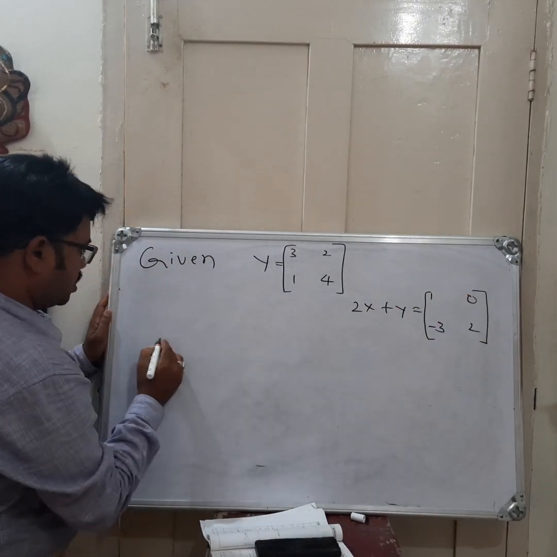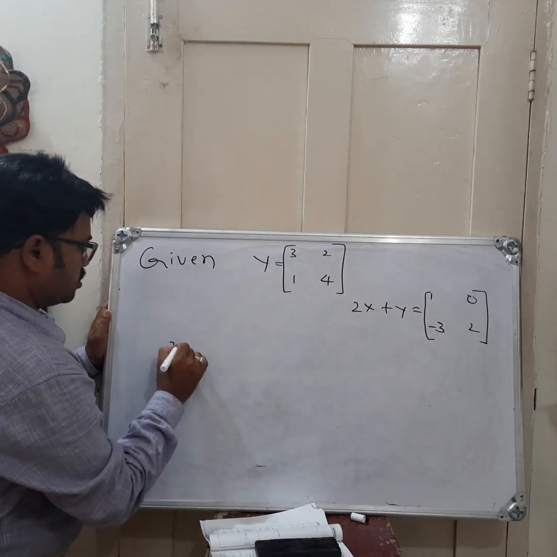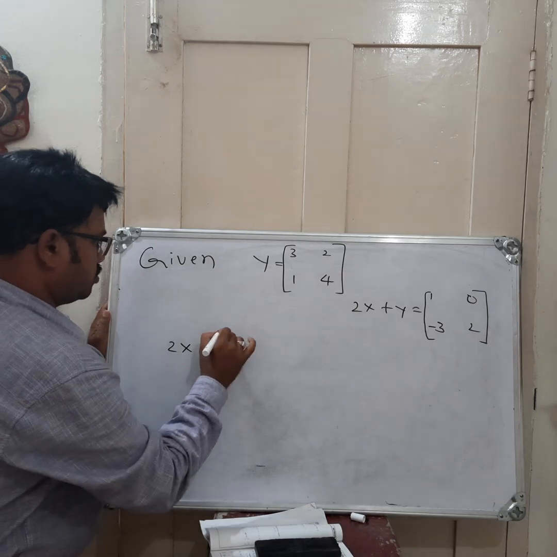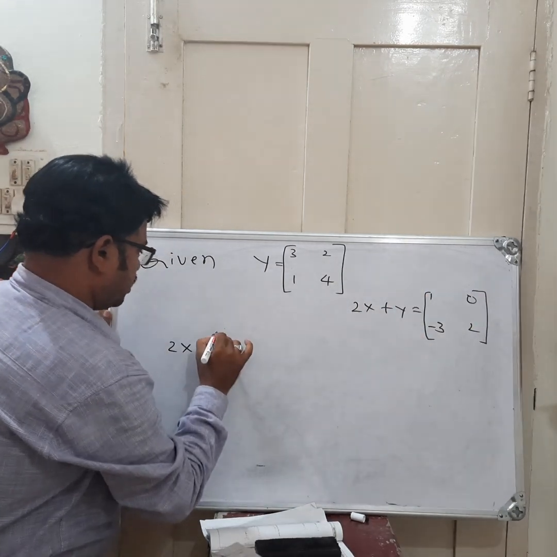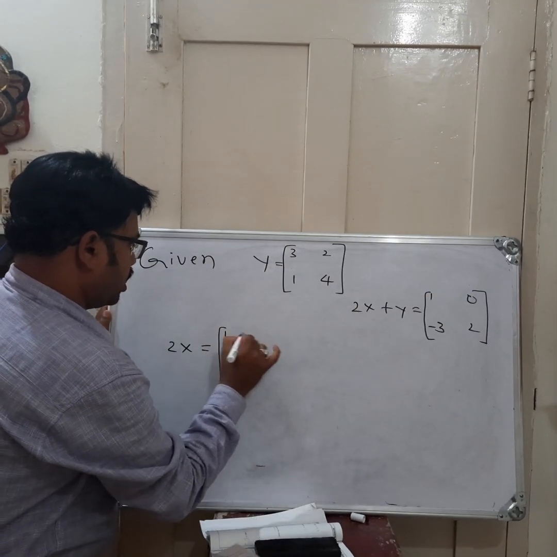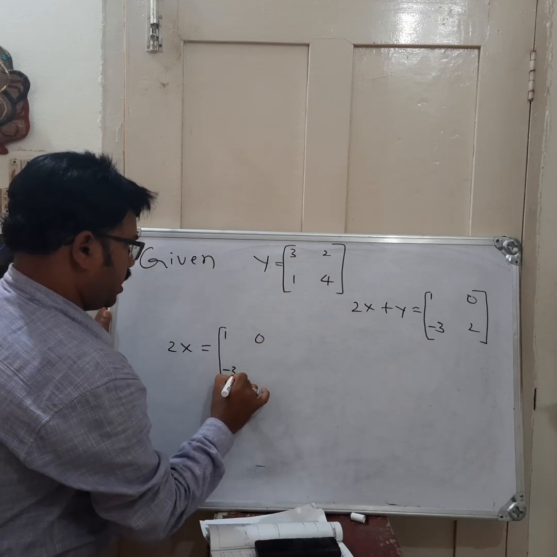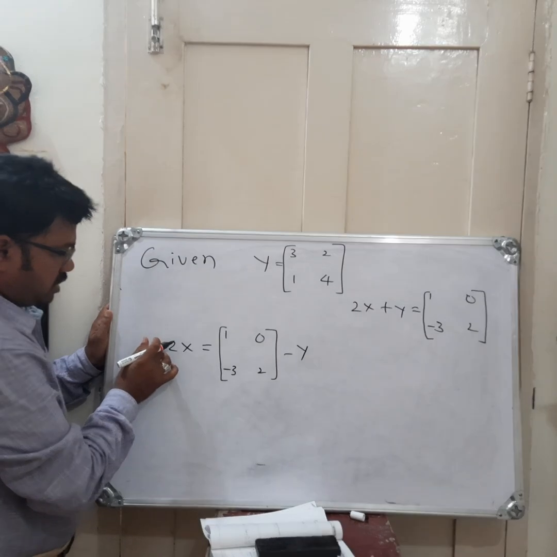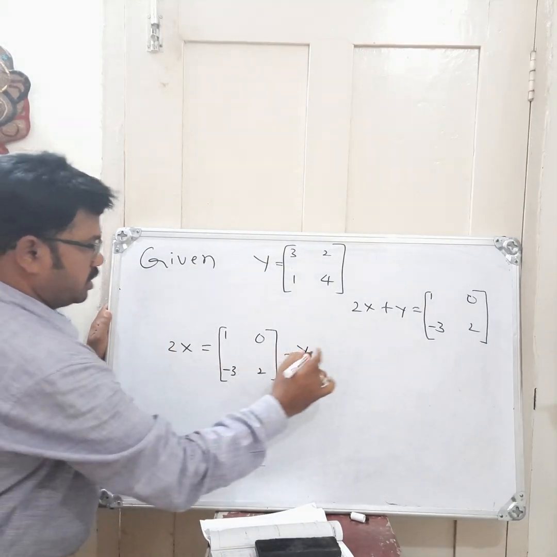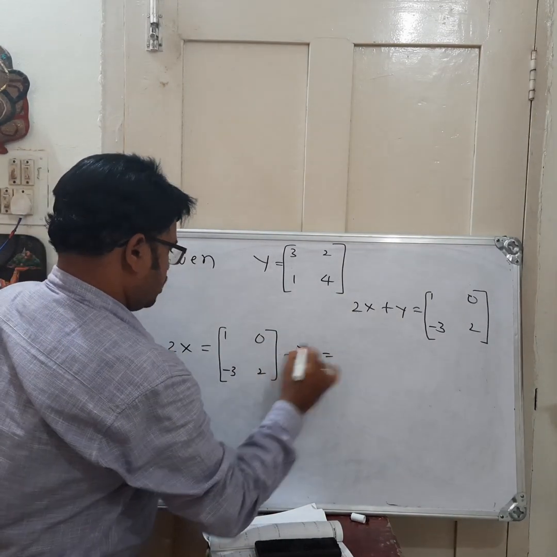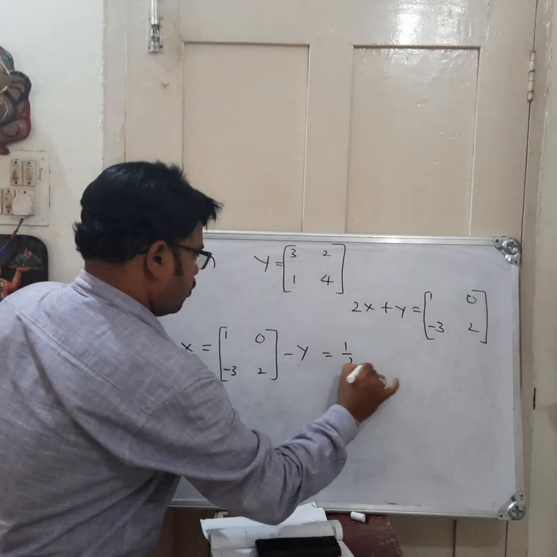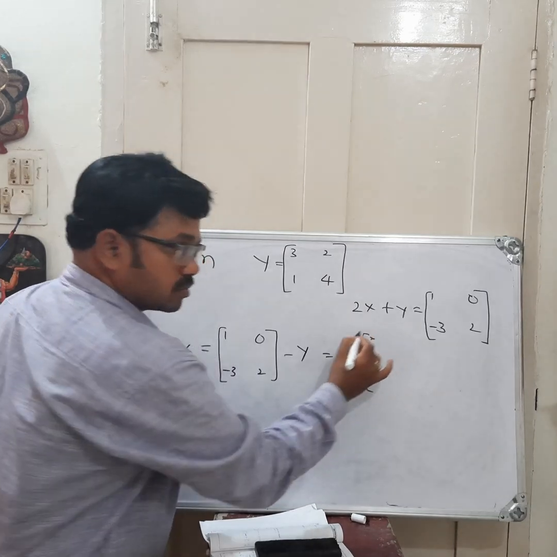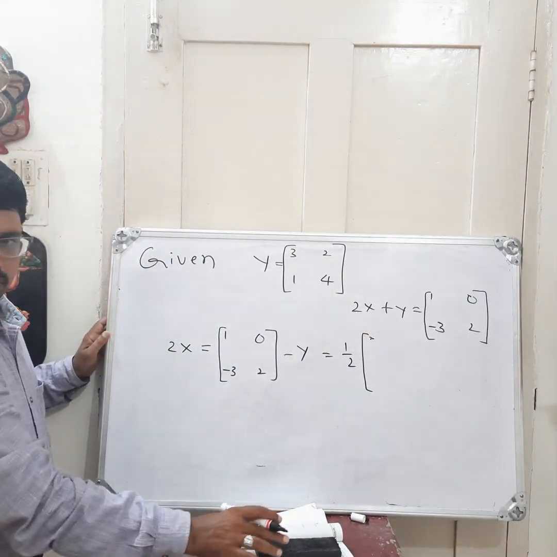See, from this relation, 2X is equal to, you shift Y to that side, it becomes 1, 0, minus 3, 2 minus Y, and this 2 becomes the denominator, 1 by 2 of the whole thing.